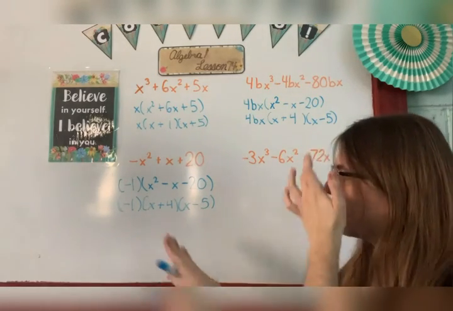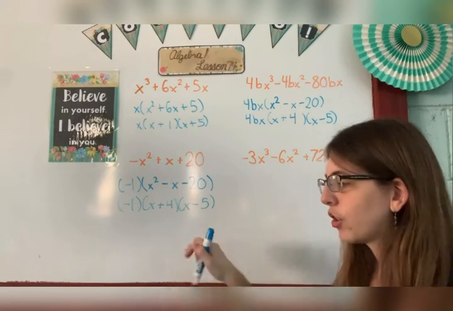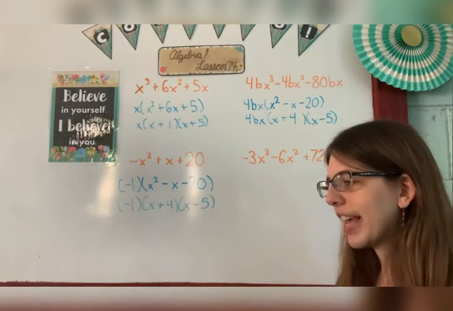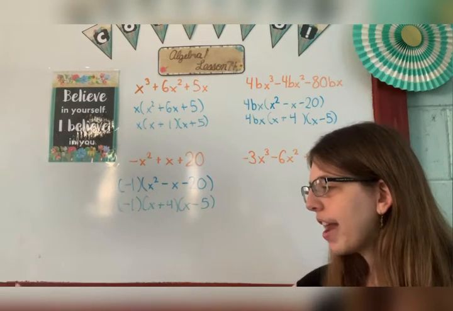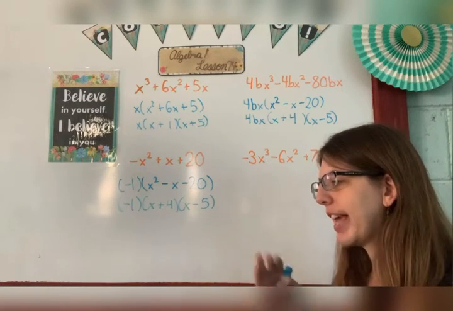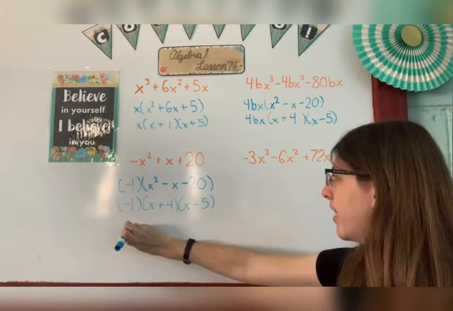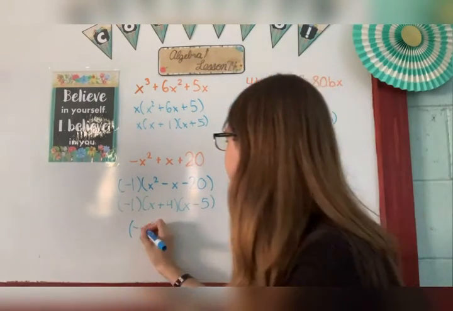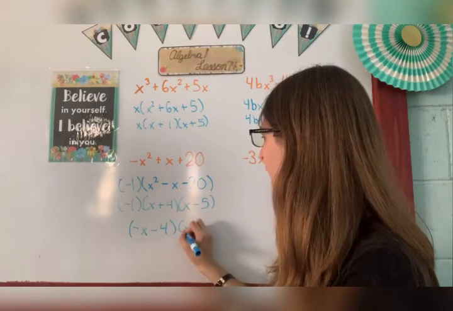Now, you can leave it like this, that's fine, but really it's better to just go ahead and get rid of this -1 that's hanging out there, and you can multiply one of your binomials by -1, okay? So you can either multiply this first one and get negative x minus 4 times x minus 5.